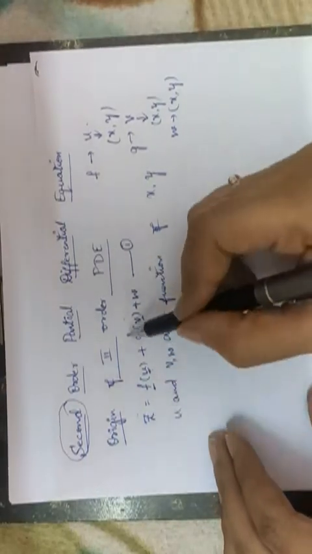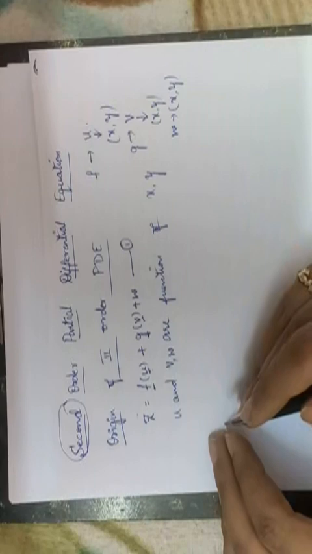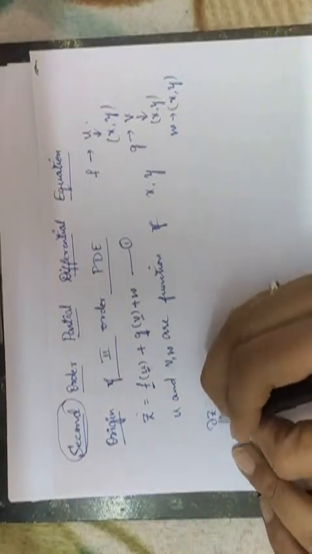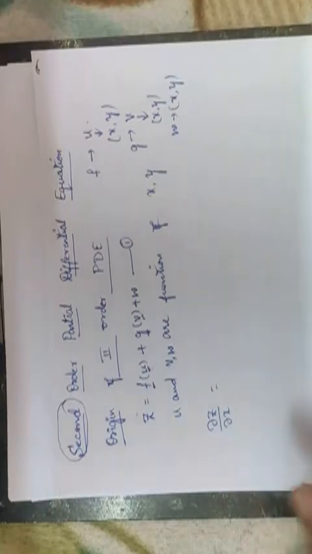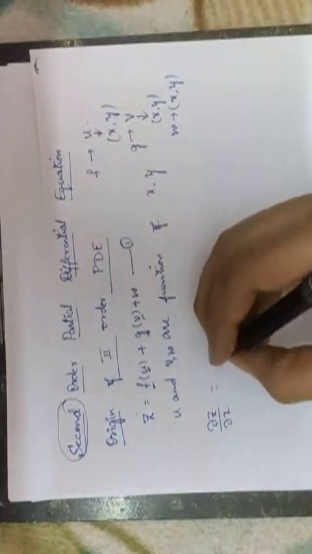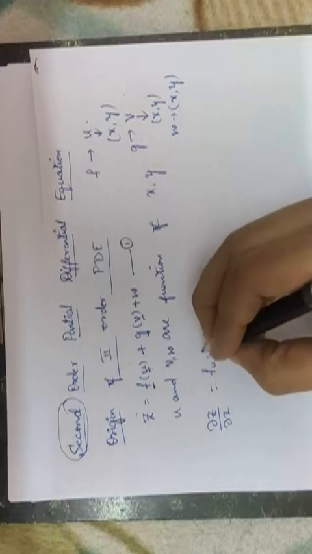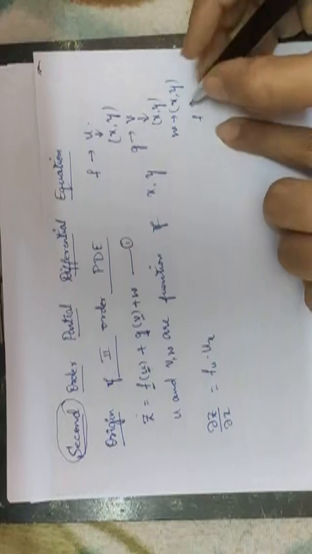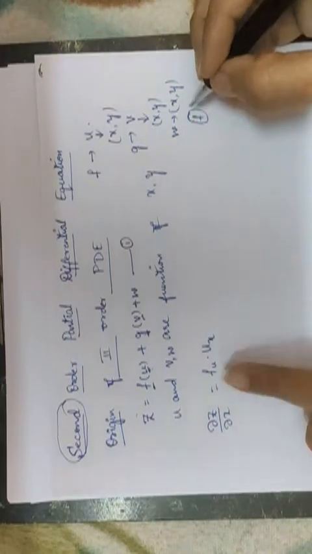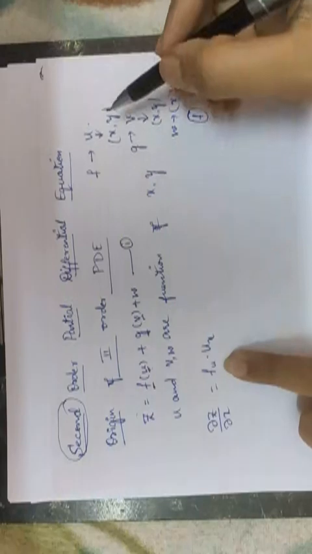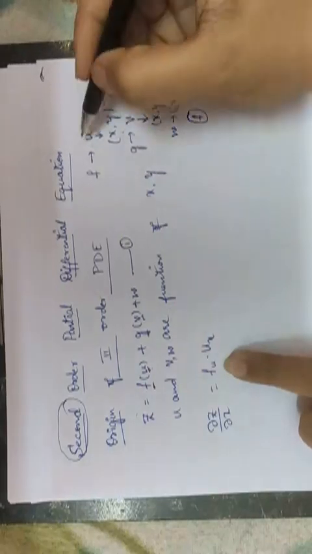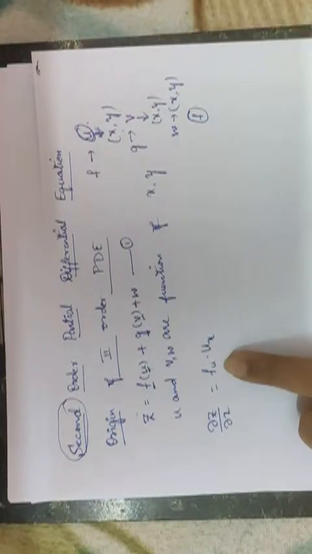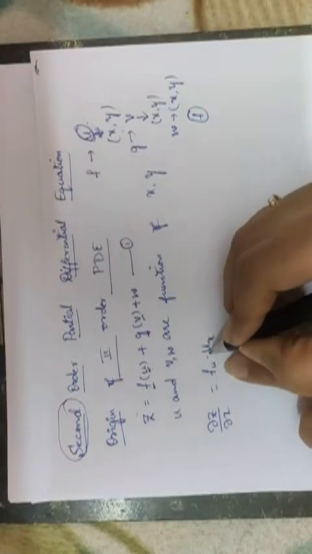Now differentiate equation 1 with respect to x and with respect to y separately. So you will get dou z by dou x if you differentiate with respect to x, and this f of u becomes fu into ux, right? Because we differentiate f with respect to u, and since u is a function of x and y, I have to differentiate u with respect to x also. So we get fu dot ux.